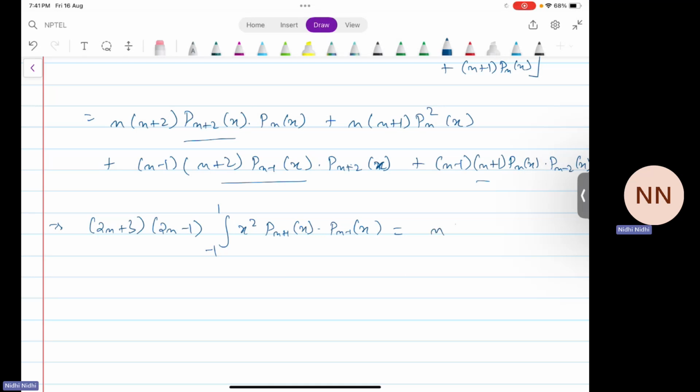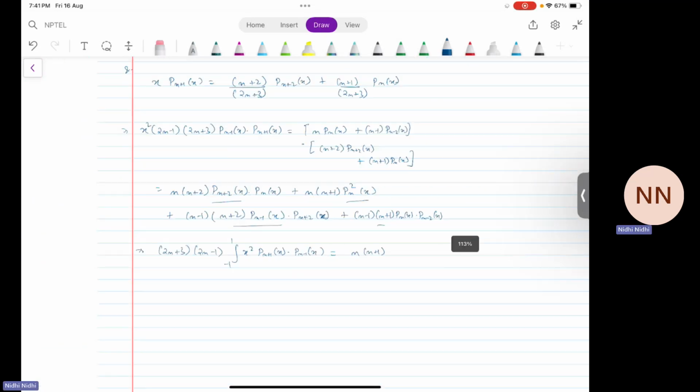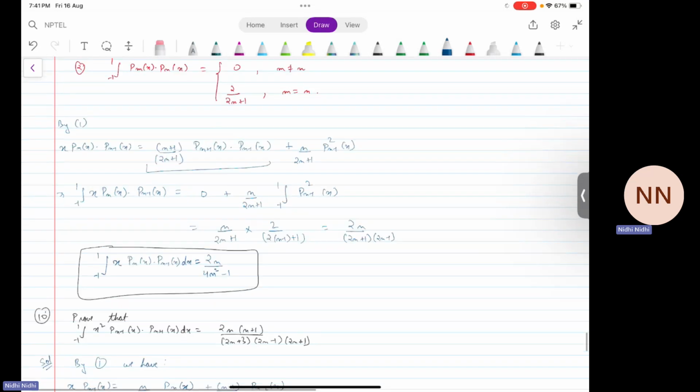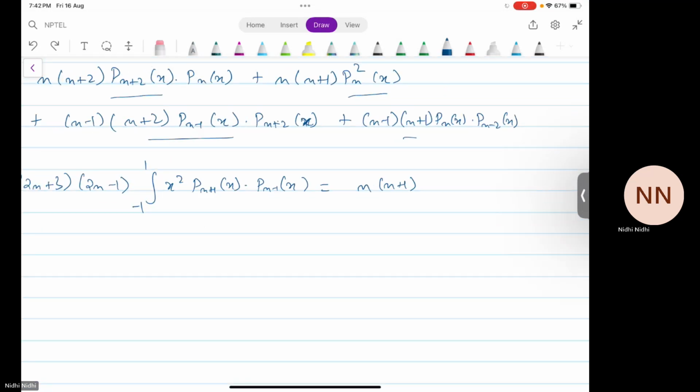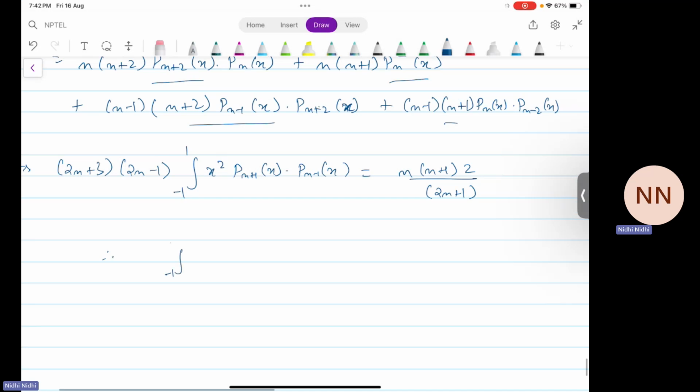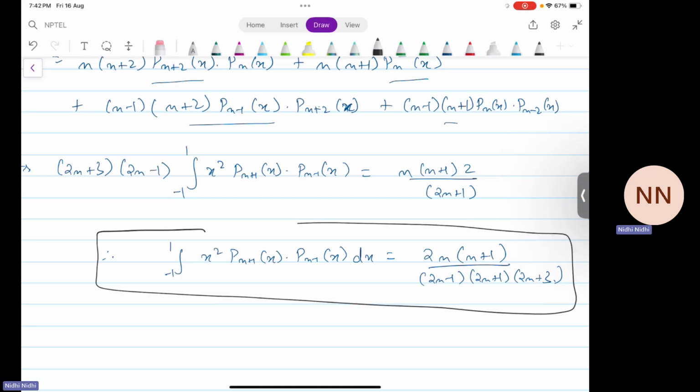We'll be left with n(n+1), and the integral of this using result 2 will give 2 by 2n+1. Therefore, the integral from -1 to 1 of x squared Pn+1(x) Pn-1(x) dx is equal to 2n(n+1) by (2n-1)(2n+1)(2n+3). This is the required proof.